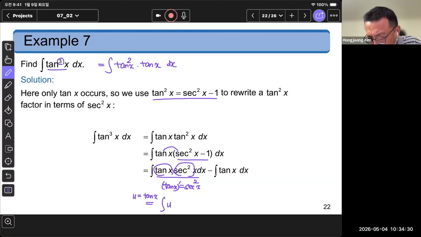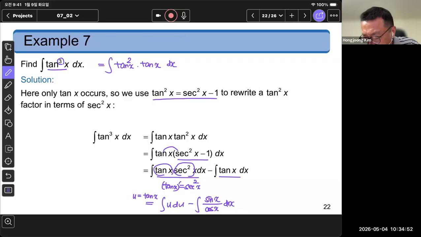Then secant x squared times dx will be du, minus the integration of tangent x. That is, as I said, sine x over cosine x.